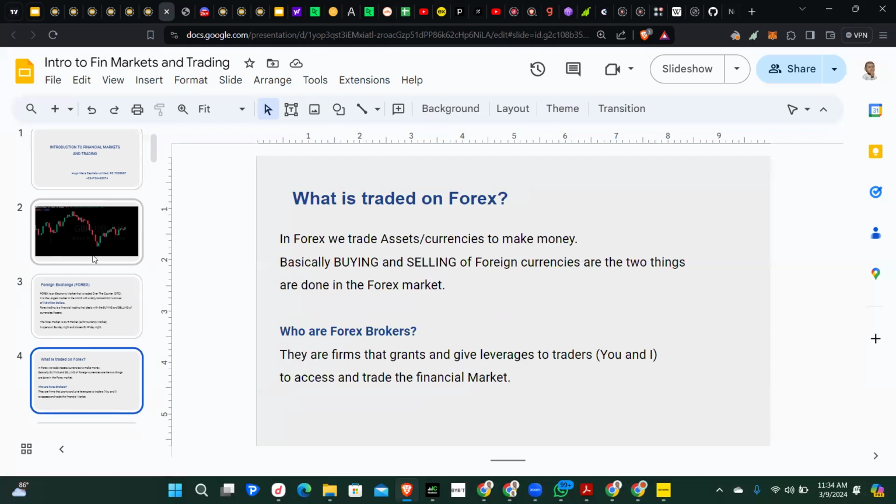So what is traded in Forex? In Forex, we trade assets or currencies to actually make money. So basically, you are buying or selling one currency or another.